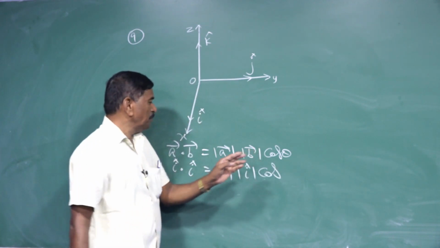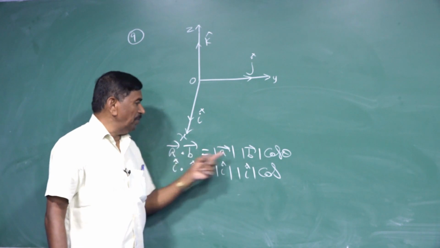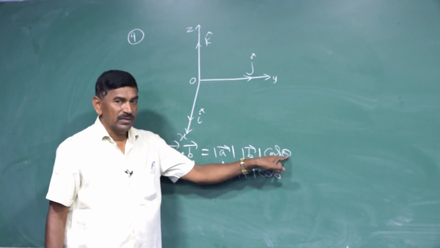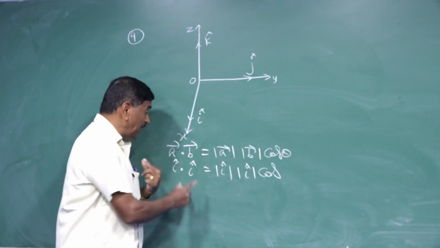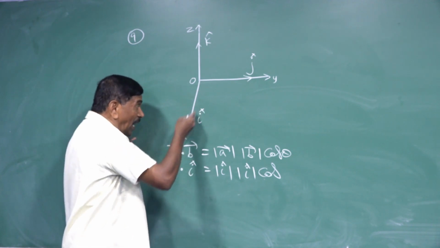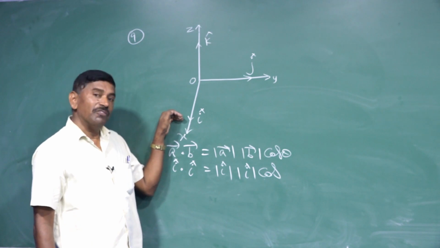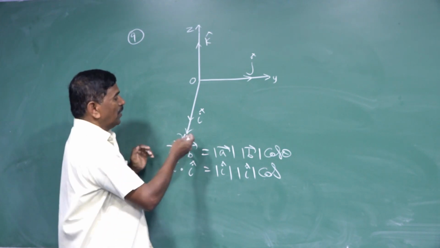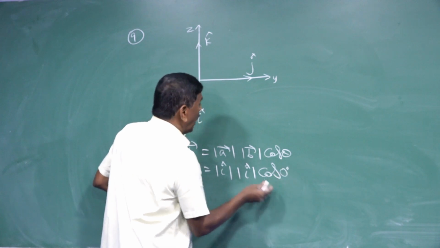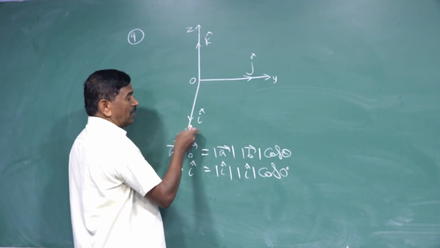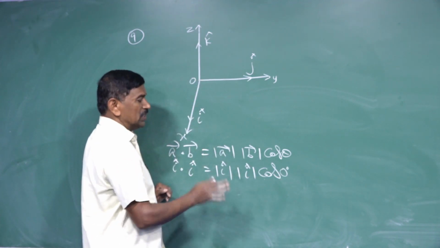But there, the angle between a vector and b vector is theta, that is why cos theta. Now, what is the angle between i vector and i vector? That is 0 degrees. So cos 0.